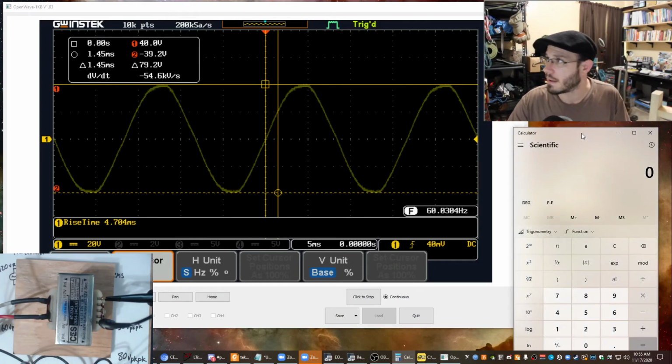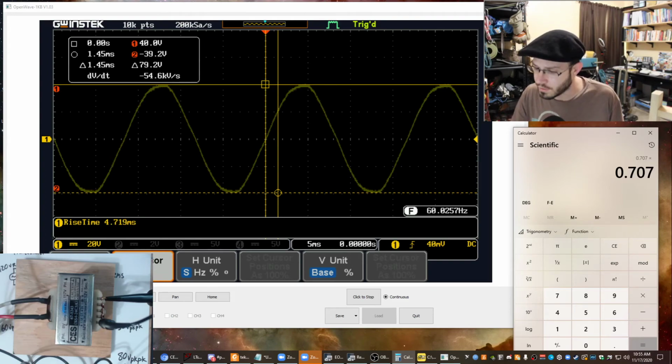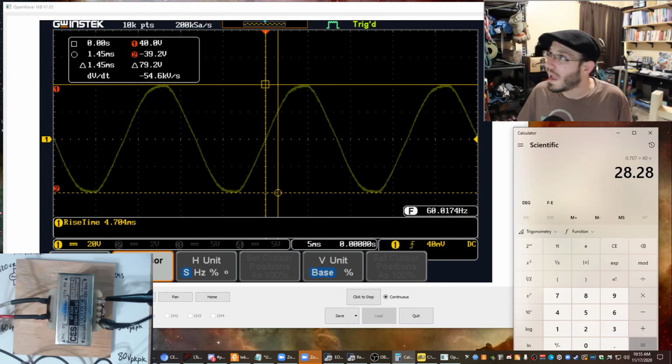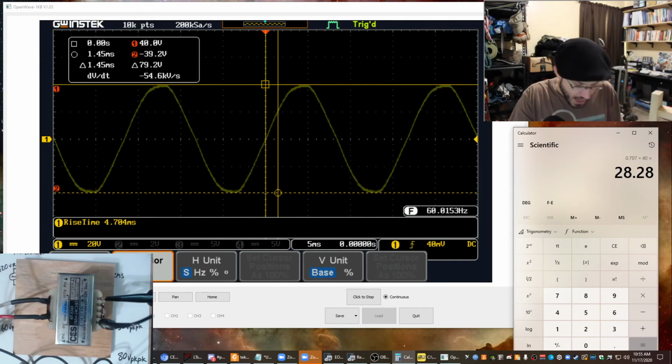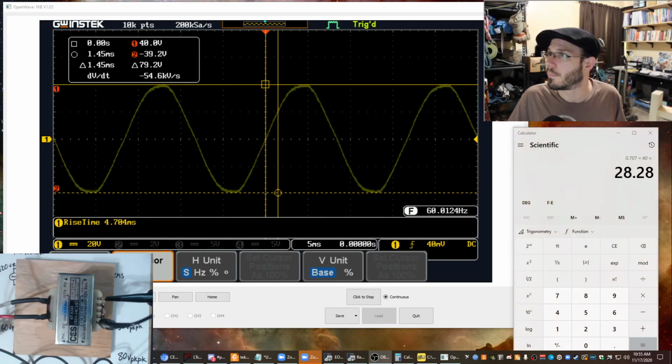They're essentially the same. So 0.707 times my peak voltage of 40 volts gives me a root mean square of 28.28 volts. Okay, and I'm writing those down because we're going to actually look at the input to this transformer.